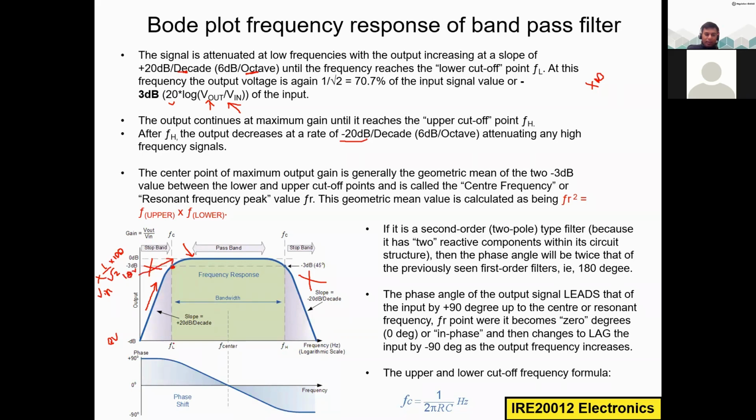But here you can see maybe you are still getting 3 volt, or maybe 5 volt. Some output you are still getting in the stop band that we do not really want. So that is why we are talking about the higher order filters. We want to make this as sharp as possible, like this.